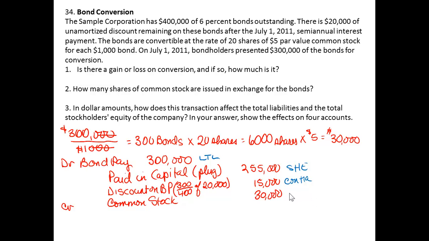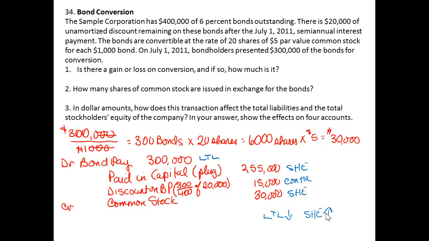And common stock is a shareholders' equity account. So what appears to be happening here is long-term liabilities are going down in exchange for shareholders' equity going up. So what we're doing is exchanging debt for equity, for ownership.